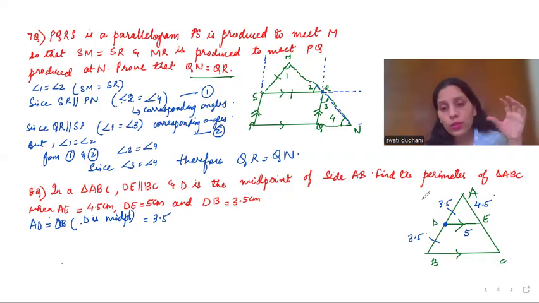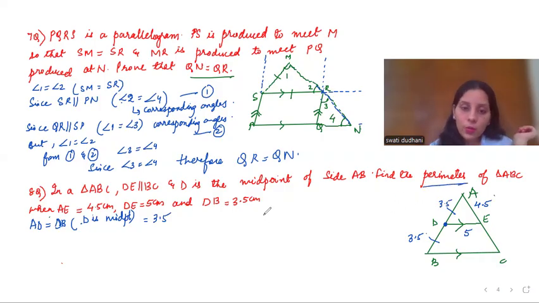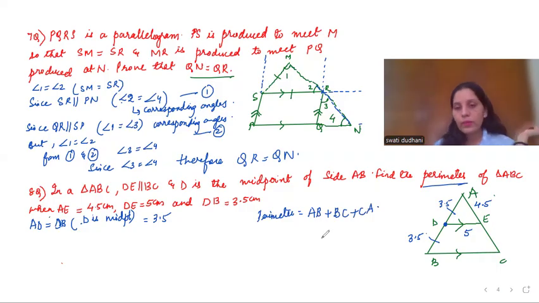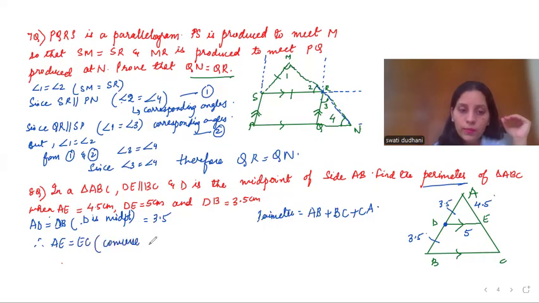So firstly, what do we need to find? Perimeter. What is perimeter? Perimeter means AB plus BC plus CA. Now, firstly, what is converse of midpoint? We are given that DE is parallel to BC and D is the midpoint. So, therefore, AE will be equal to EC, converse midpoint.